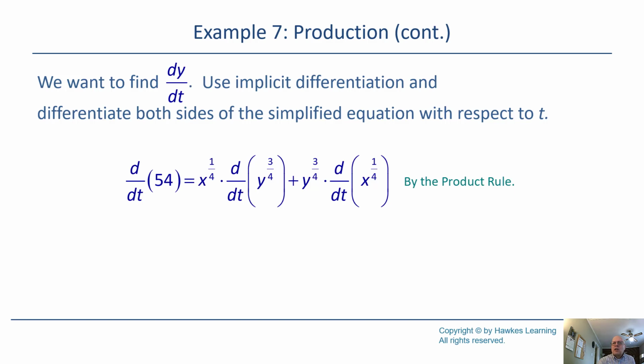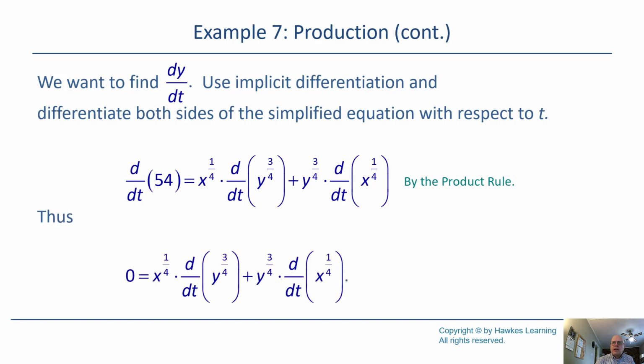X to the 1/4 is the first part of our product. We'll keep that the same. We'll differentiate the second part of the product. Then we'll reverse the two roles: y to the 3/4 and then the derivative of the x to the 1/4 by the product rule. Cleaning up a little bit, there's a 0. We'll take the derivative of those two terms.